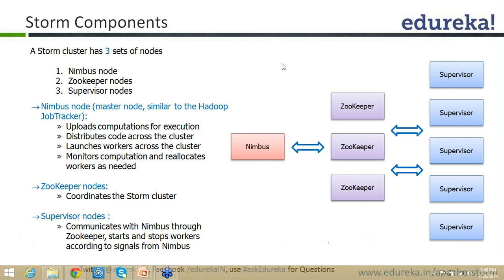No. In the unfortunate event wherein your Nimbus is down and your process also goes down at the same time, it will not be relaunched till Nimbus is up. I hope you get the answer. So definitely it is not a single point of failure for you. But if it is down and then a failure occurs, then it is a problem. So it means there is nothing like a passive node for Nimbus to restore it. You can definitely do that. There are various solutions on top of it, like redundancies and all. Definitely that can be done.